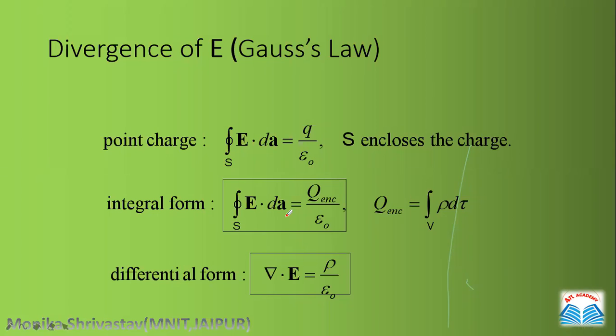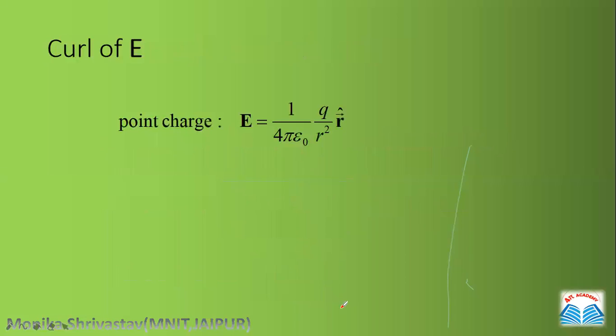So from this equation we get the differential form. What are we getting? The divergence of electric field equals rho over epsilon naught. This will connect to our next topic, which is Laplace and Poisson's equation, where we will get a similar equation. So just keep in mind the differential form of Gauss law, that is del dot E equals rho over epsilon naught. Okay, now we'll talk about the curl of electric field.